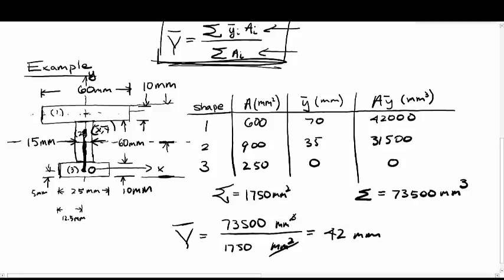So it should be above this center line because there's more mass, more weight due to this rectangle 1. So we know that the centroid is the center of gravity, and it is going to be above this halfway point. So our answer does indeed make sense.